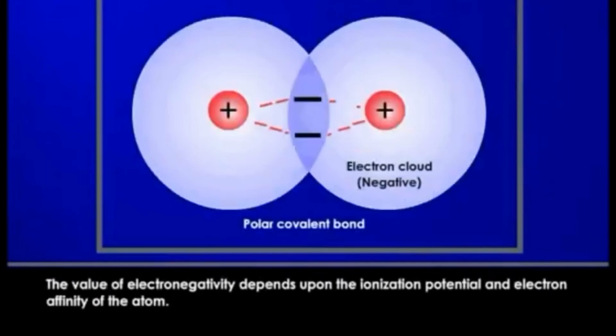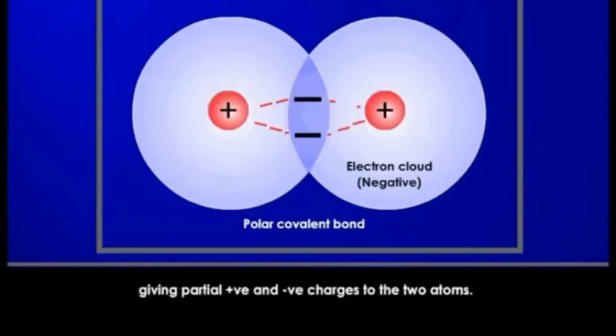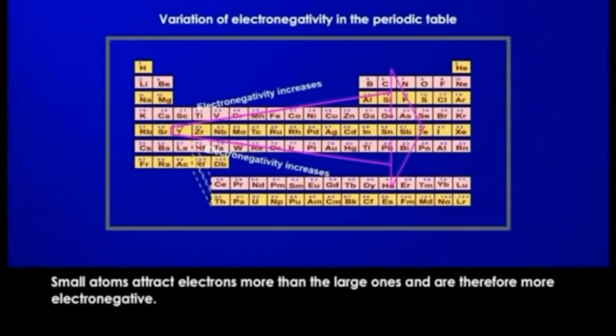The value of electronegativity depends upon the ionization potential and electron affinity of the atom. In a polar covalent bond, the shared pair of electrons is attracted by one of the atoms, giving partial positive and negative charges to the two atoms. Small atoms attract electrons more than the large ones and are therefore more electronegative.